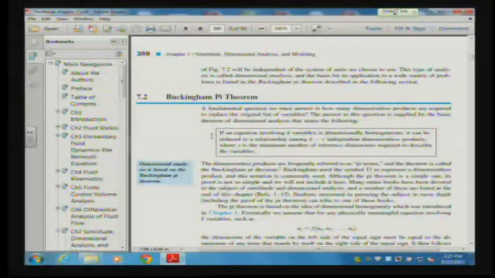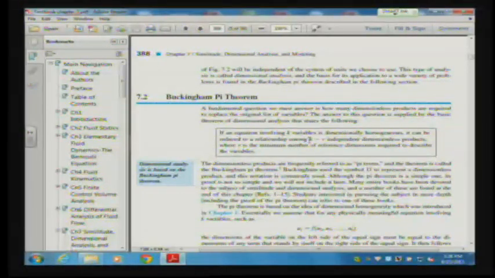This basically has to do with degrees of freedom, if you remember this from math. The statement of Buckingham pi theorem says, if an equation involving k variables is dimensionally homogeneous, which it has to be, and more specifically, non-dimensional, it can be reduced to a relationship among k minus r independent dimensionless products, where r is the minimum number of reference dimensions required to describe the variables.